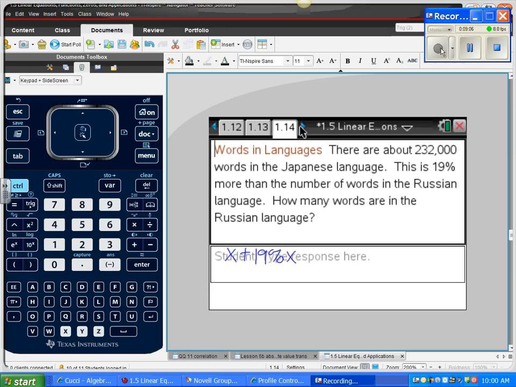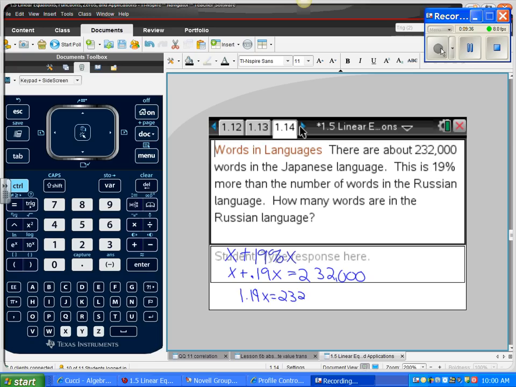So we know we can't write it as a percent like that, so 0.19x. We know that this is going to equal 232,000. Okay? So this is 1.19x.